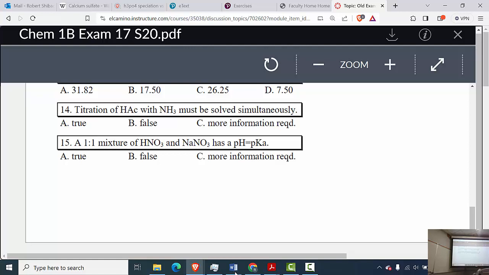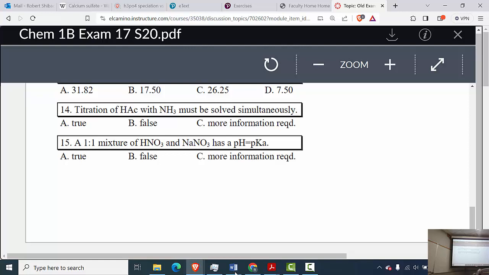A 1-to-1 mixture of HNO3 and sodium nitrate has a pH equal to pKa. This is false. It has to be weak.